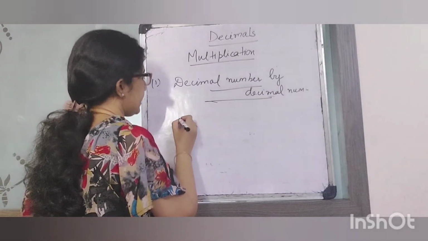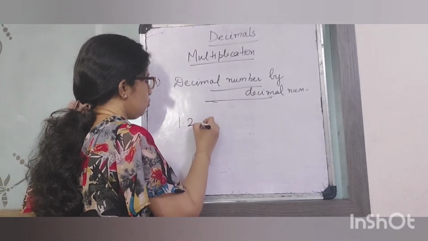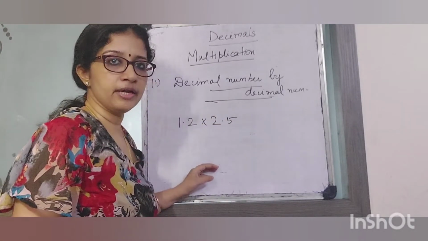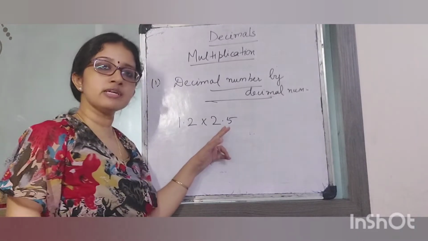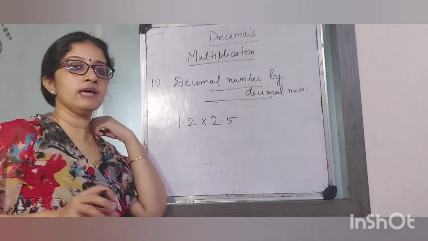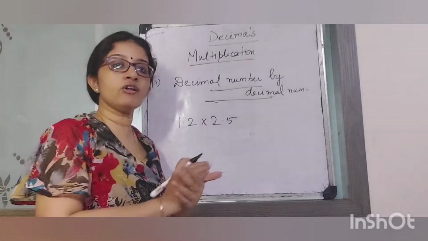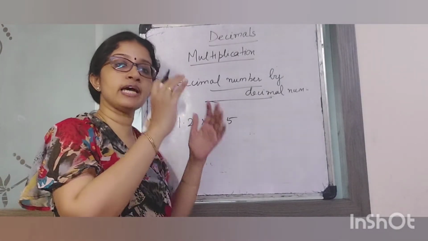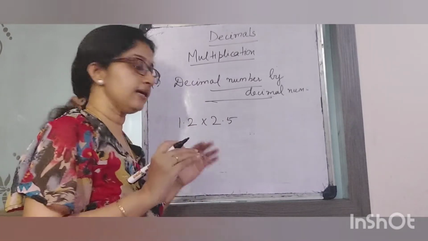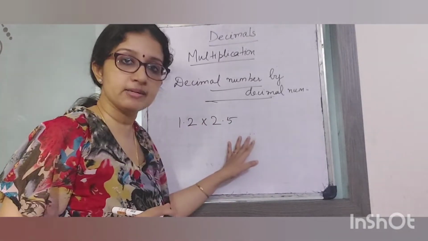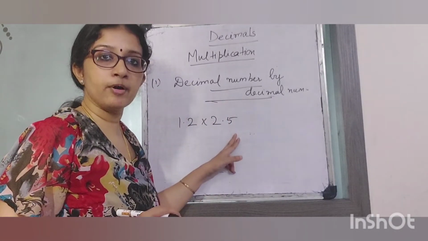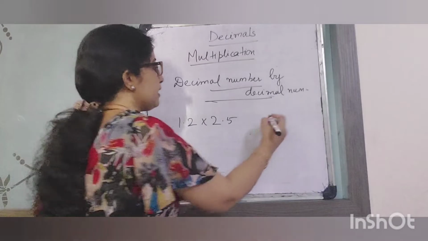For example, take 1.2 into 2.5. Okay. Now what we have to do is, just like when we are multiplying with a whole number, what did we see? We have to ignore the decimal and directly multiply and then put the decimal onto that, right? So similarly here also, if we have two decimal numbers, we have to first ignore the decimal points here.